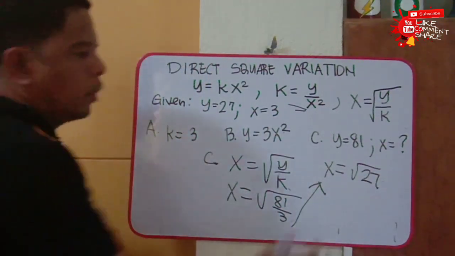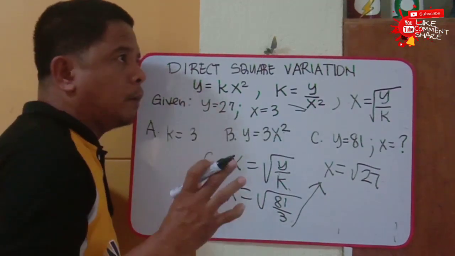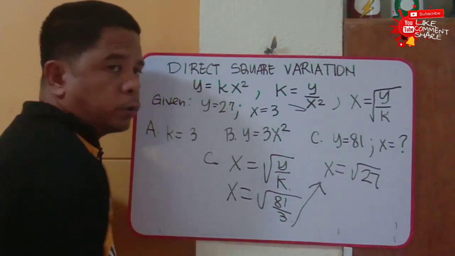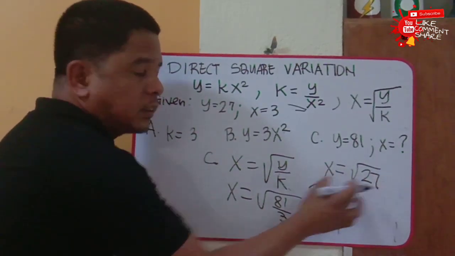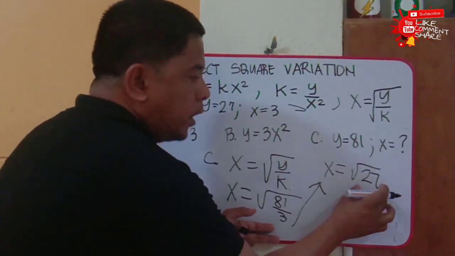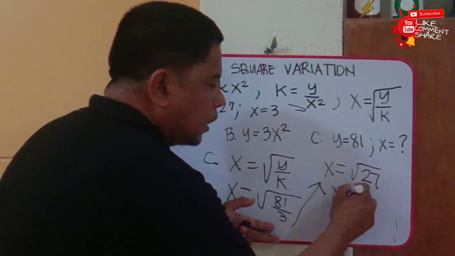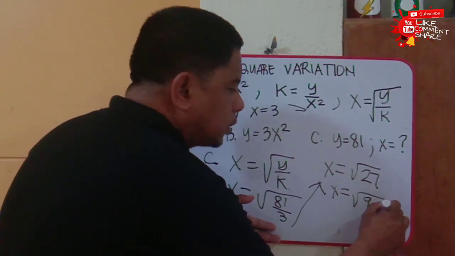Okay. So, although wala pa tayong radicals na nadi-discuss, pero naman meron tayong idea. So, isi-simplify natin ang square root of 27. Kuha lang tayo ng factor ng 27 na merong perfect square. Ano ba ang factor ng 27 na may perfect square? So, that is x equals the square root of 9 times 3.